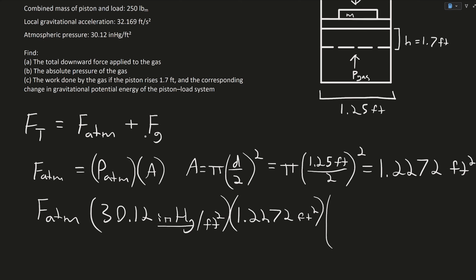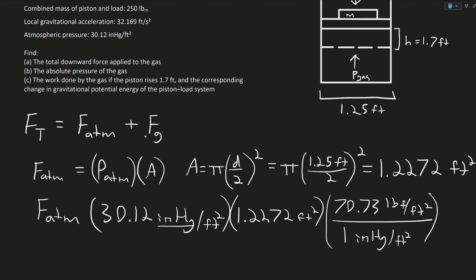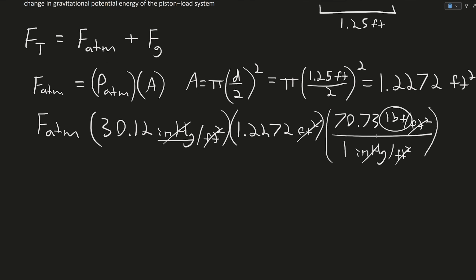So we're going to multiply by our conversion factor, which is 70.73 pound force per foot squared, is equivalent to 1 inch mercury times foot squared. Now we can make sure that all of our units cross out, so our feet cancel, and the mercury cancels, so we're just left with pound force.